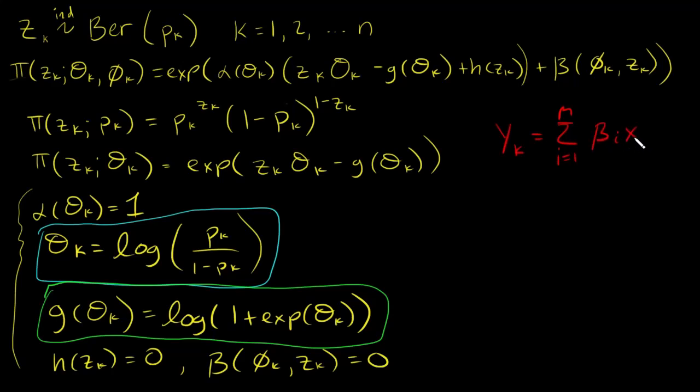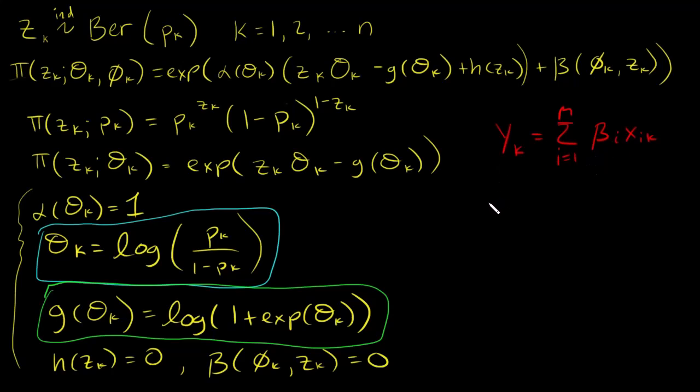So those x's times beta. Okay, so beta is what we're trying to estimate. All right, so remember in GLM you have a random component, and then you have this component over here that's not random, and then you have to tie the two components together using your link function.